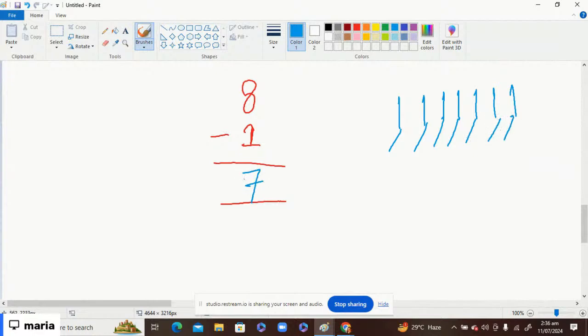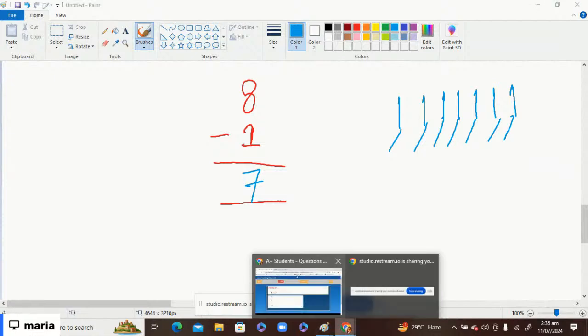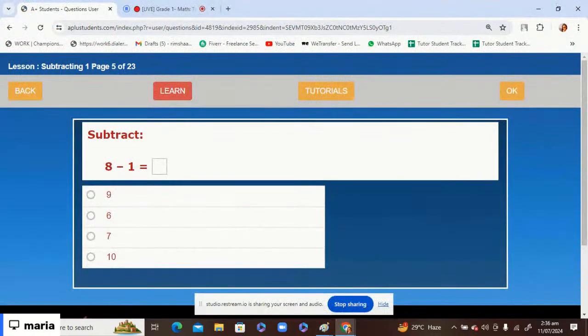So 7 is your answer. My answer is 7. When you guys count it, what is the answer? Everyone tell me. It's 7. Can we go with this one? Okay, let's do it with this one.